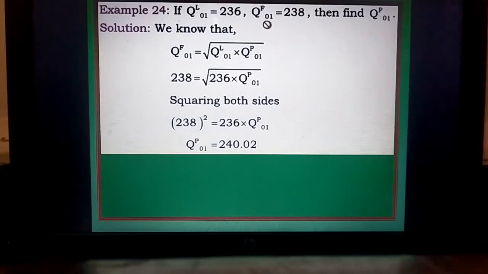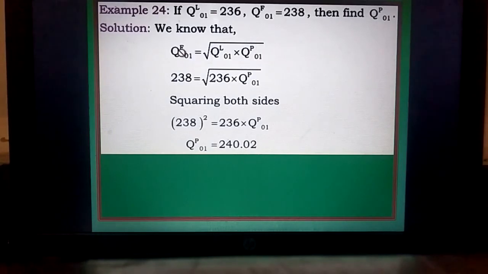Once when Fisher's, Laspeyres and Paasche's combination is given, we need to use the known one more fact, Q01F is equal to square root of Q01L multiplied by Q01P. What is it? Fisher's quantity index number is the geometric mean of Laspeyres and Paasche's quantity index number.